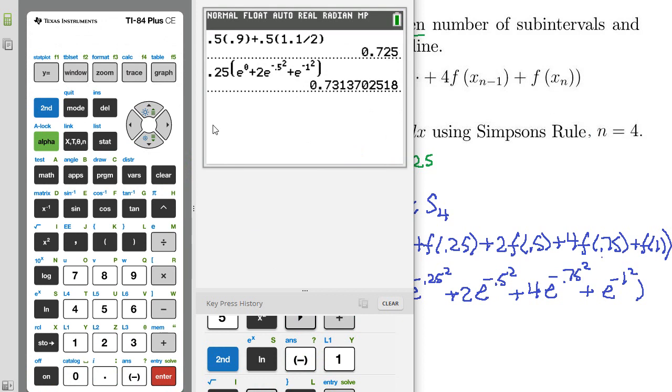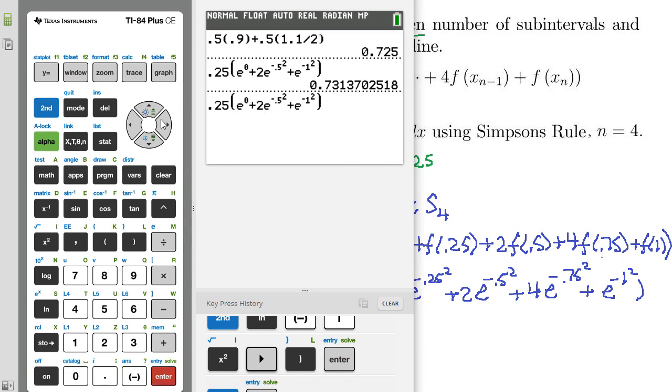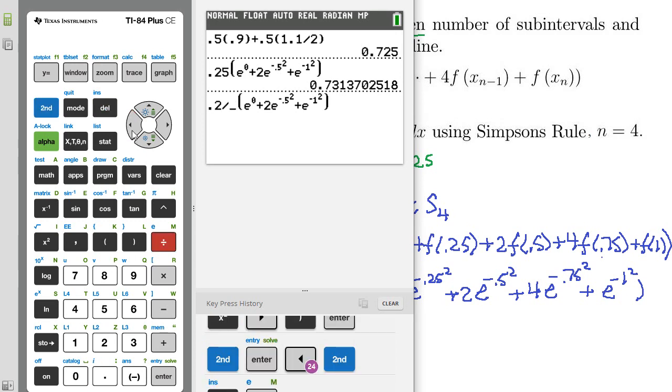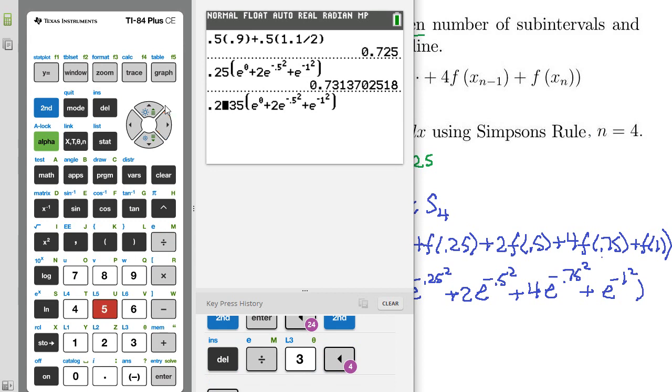Compute this in the calculator, so we can actually edit a little bit here. I'm going to do second enter out in front here. I'm going to insert a divide by 3. Well, that didn't work. So let's do 0.25 divided by 3.